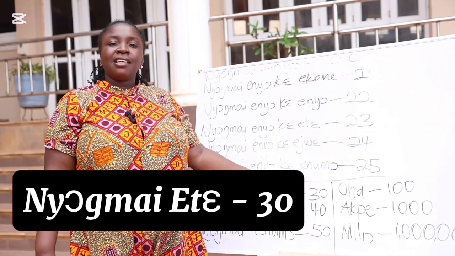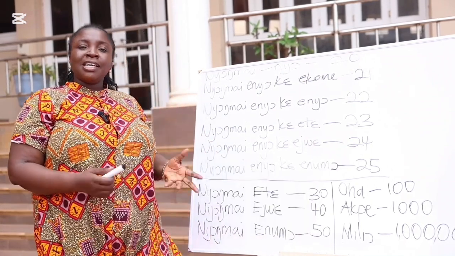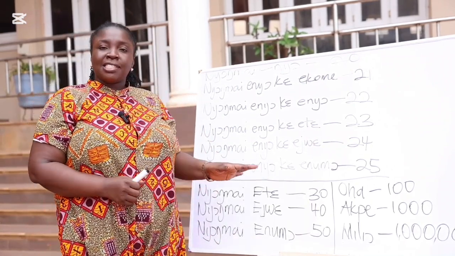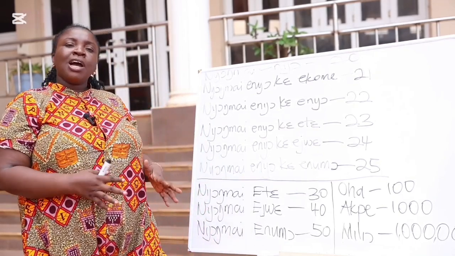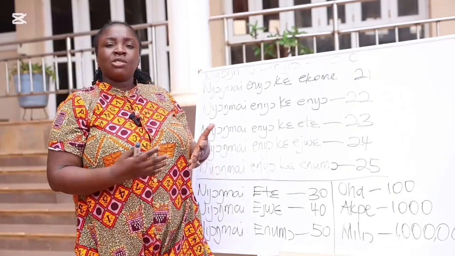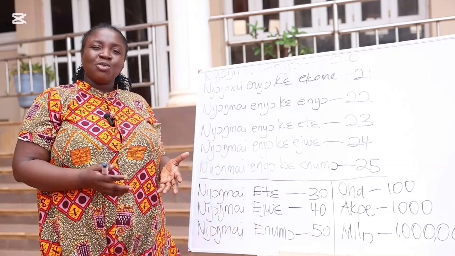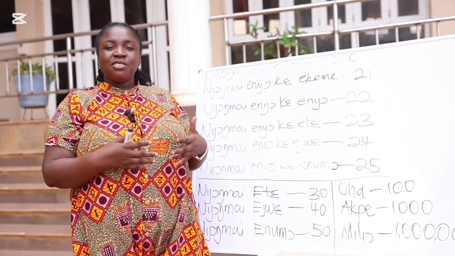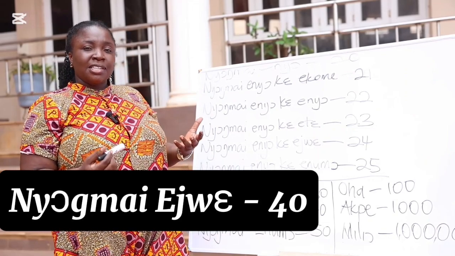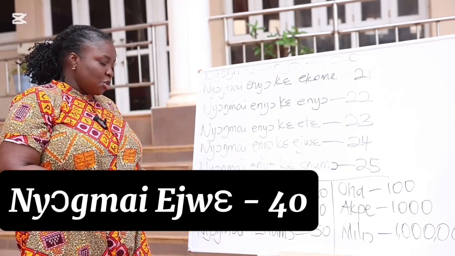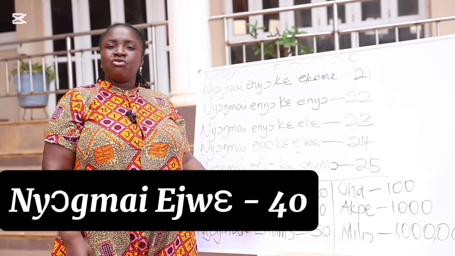So now that you know what 30 is in Ghana, which is nyongmai ete, try and practice 31, 32, 33, 34 and beyond. When you get to 39, you go to 40, which is nyongmai eje.